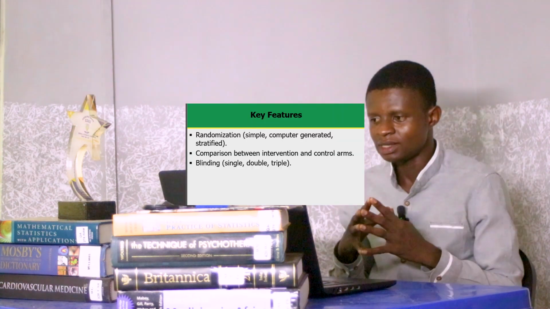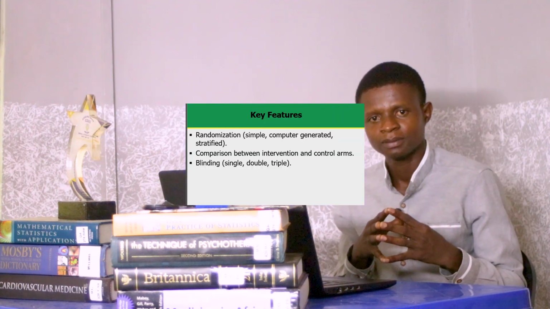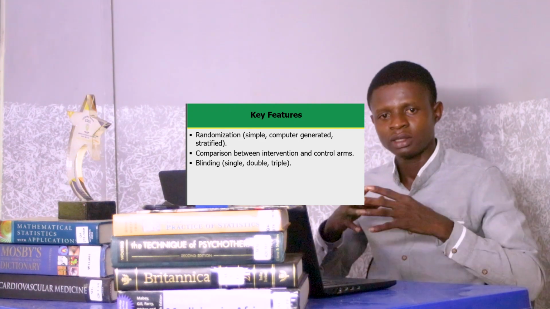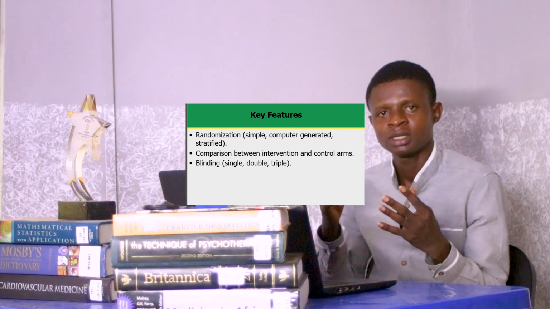So it will depend on the basis that you set, but you need to make sure that each of them has equal chance of being selected to either the intervention group or the control group. So that is the simple random sampling. And then also you can get the computer generated, so you can keep their names.